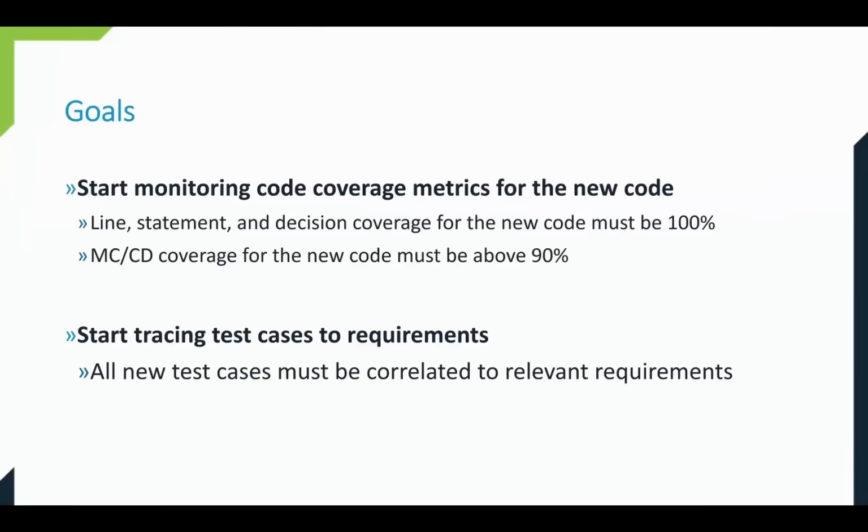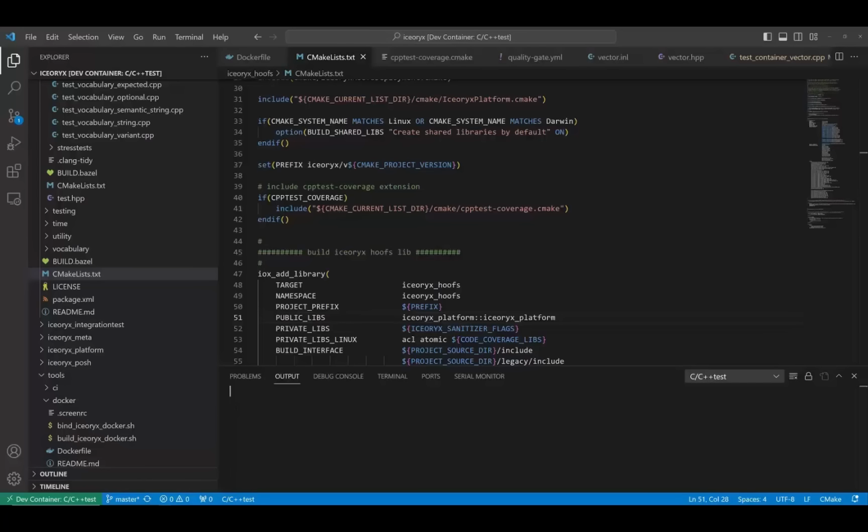For our next compliance milestone, we have two goals. We want to start monitoring statement and MCDC code coverage metrics for the newly created code, and we want to start tracing relevant tests to requirements. With Parasoft C++ Test CT, integrating code coverage into project builds is easy. There are dedicated integration packages for build systems such as CMake or Bazel.